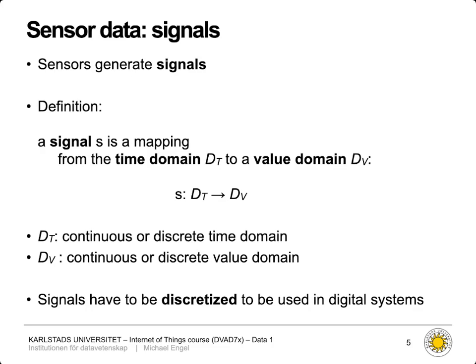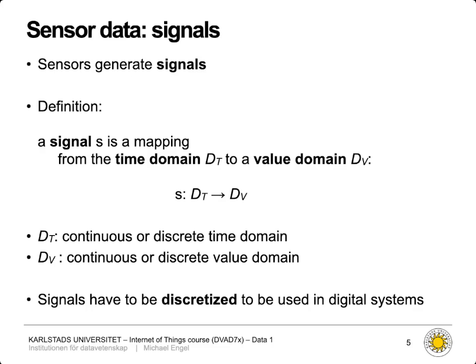So we don't have ticks indicating time. Our time flows constantly. And again, we don't have separate levels of voltages, for example. Our voltage, when we ramp it up from 0 to 5 volts, just ramps up without leaving out an intermediate value. That's physically impossible. So what we usually have first is always continuous time and value here.